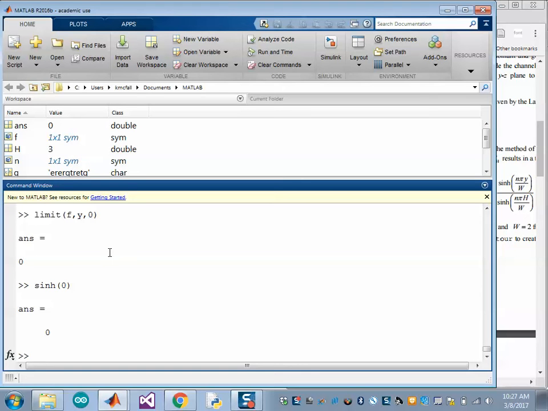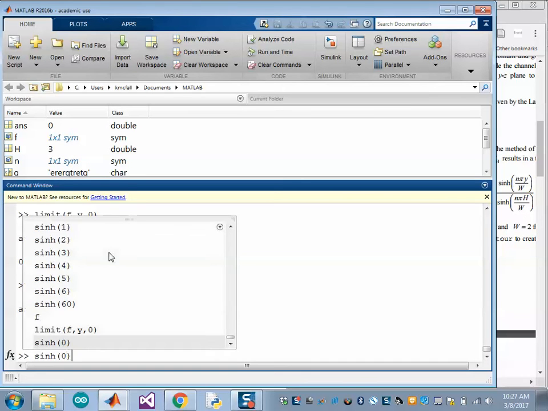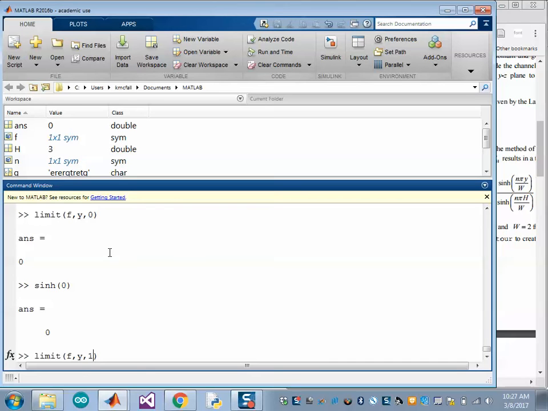Now, the limit of f as y approaches some other number, say 1, that's not 0. Basically, I just took the y there and replaced it with the number 1, and that's all that's really been changed. Now, I take the limit as y approaches 1, and then I take the limit of that as n approaches infinity.